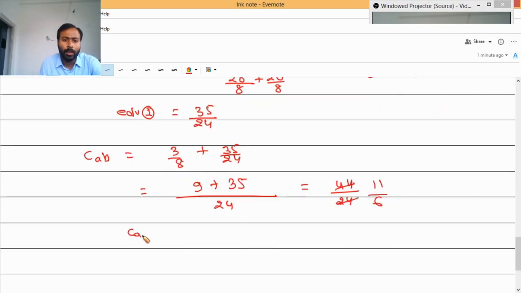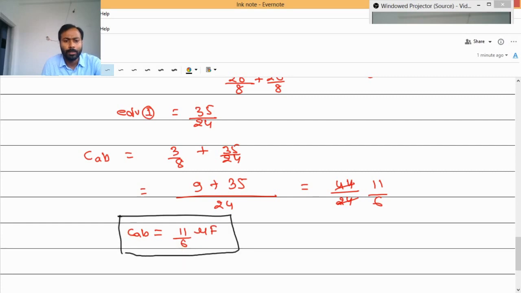So the A to B equivalent capacitance will be 11 upon 6 microfarad. In this way we have completed problem 26A, and when we match this answer, the 26th A value is just 11 upon 6 microfarad, so this is correct.